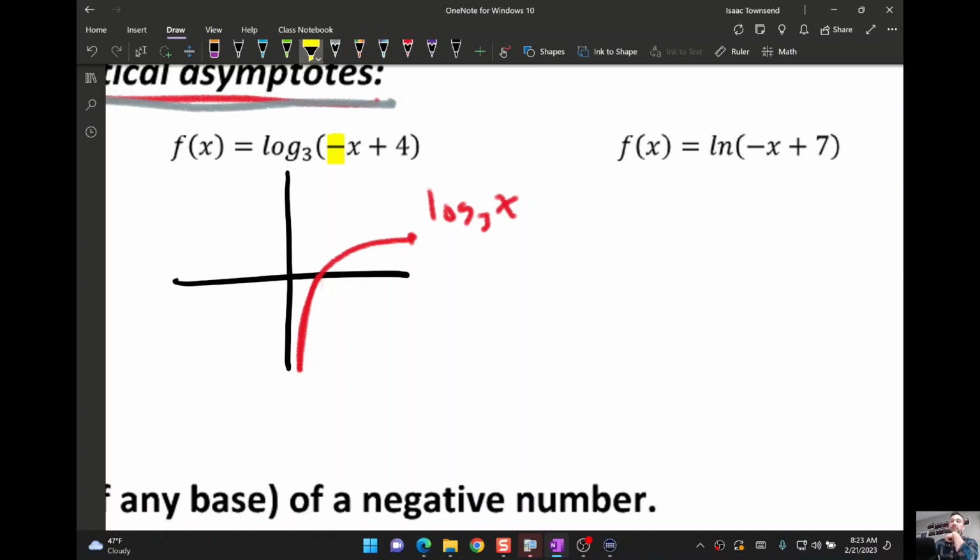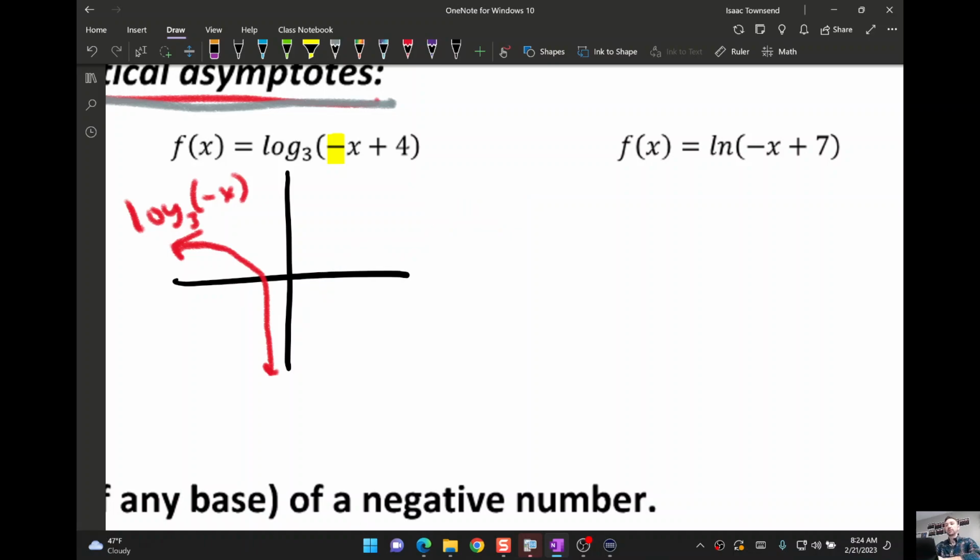Does that flip it over the x-axis or the y-axis? That's over the y. If you want it over x, you've got to multiply the whole function by that, not just x. So this looks like this.